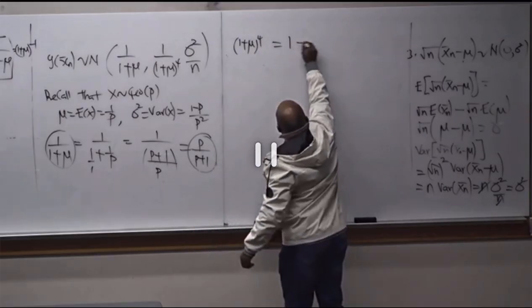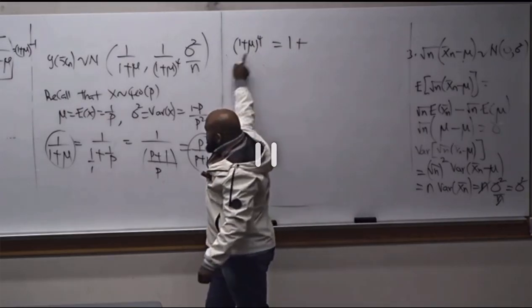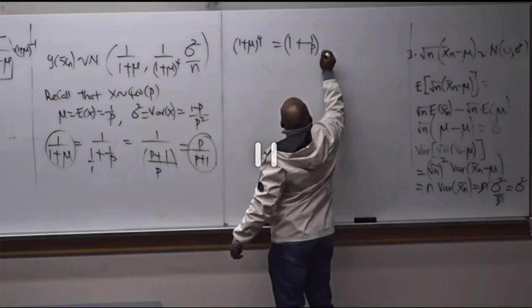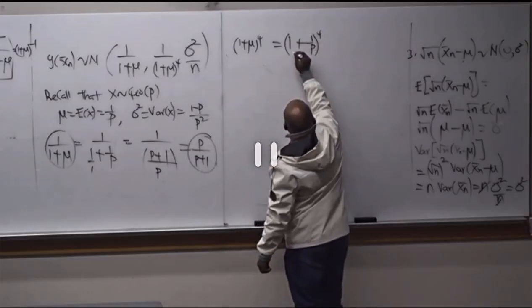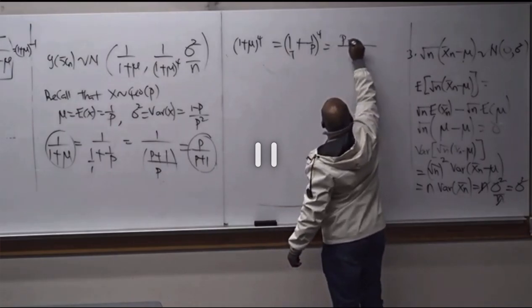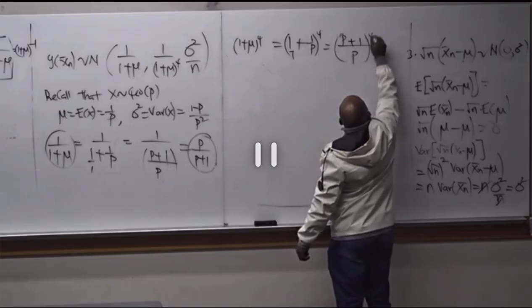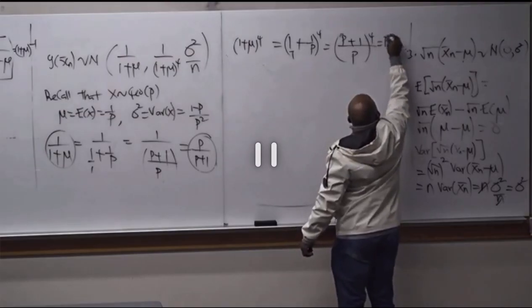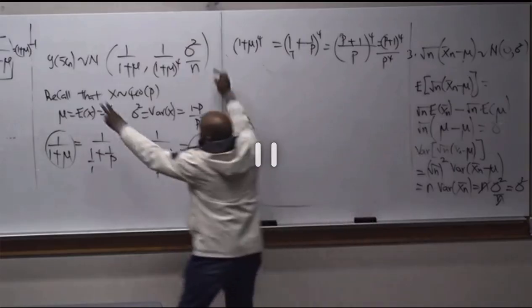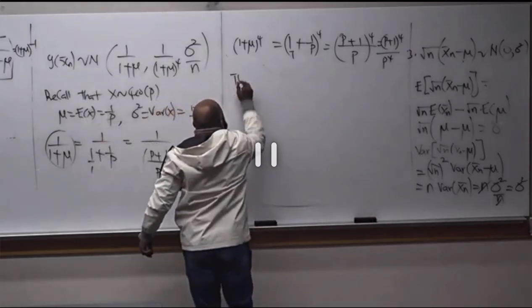That will be 1 plus, what is mu? Mu is 1 over p, raised to power 4. So if you find the common denominator, I'm going to have p plus 1 raised to power 4 over p to the 4.